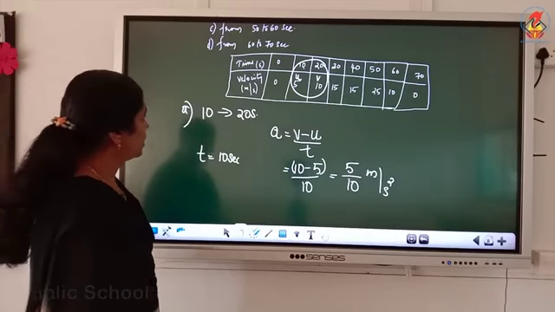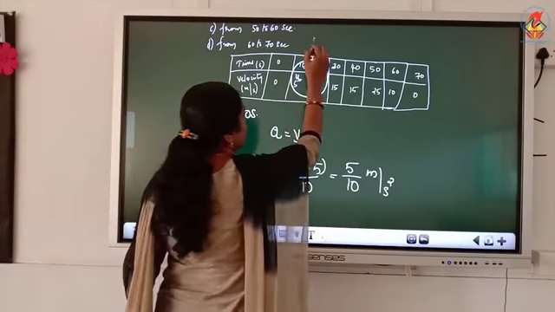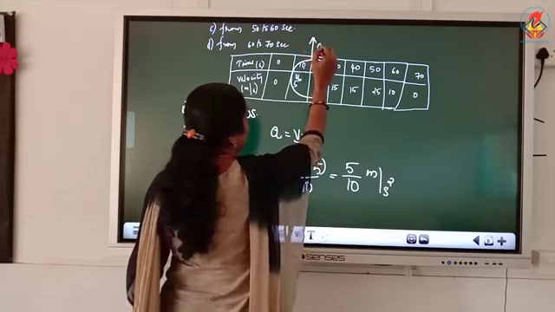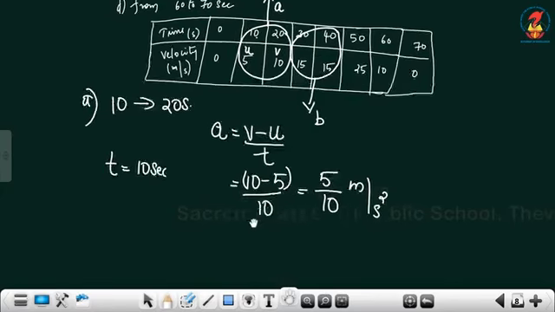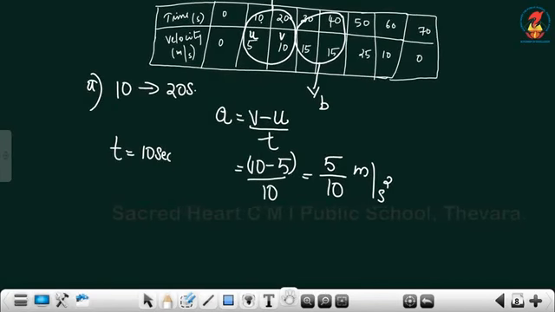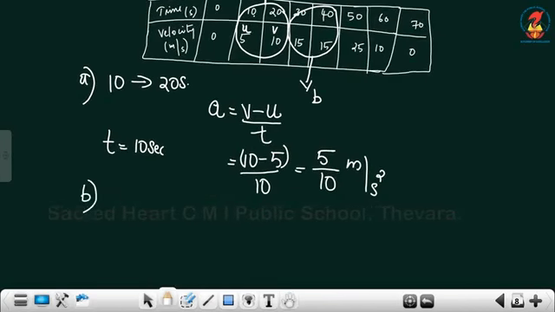Now, what is the second portion? This one is B, 30 to 40.